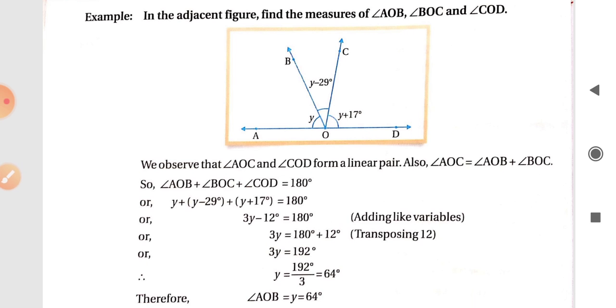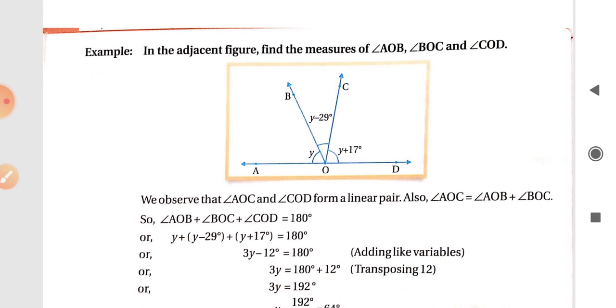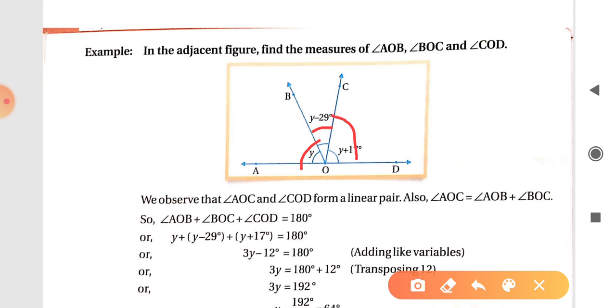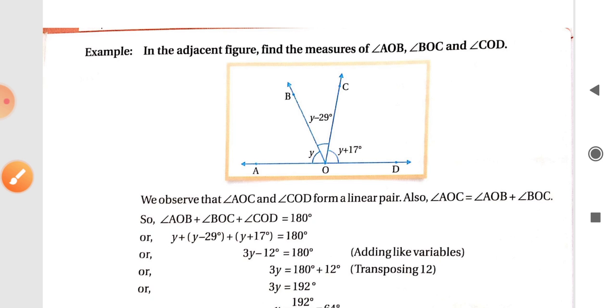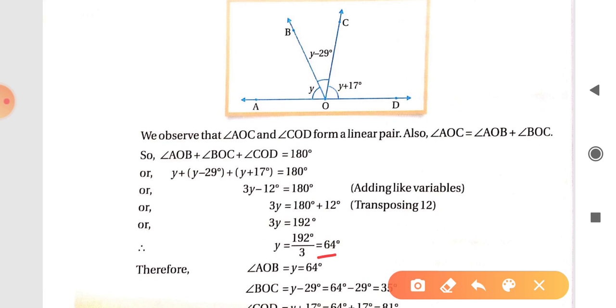After you find the value of y, we can find the value of every angle by putting the value of y in each angle. The first angle is angle AOB and it is y, so its answer is 64, because the value of y is 64.